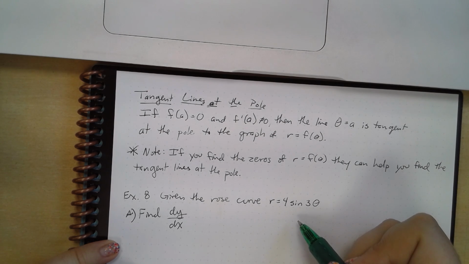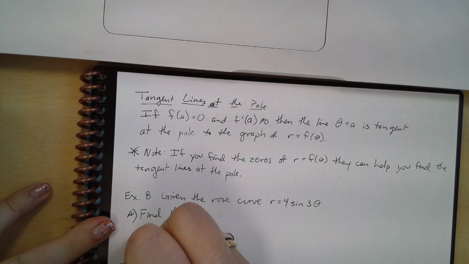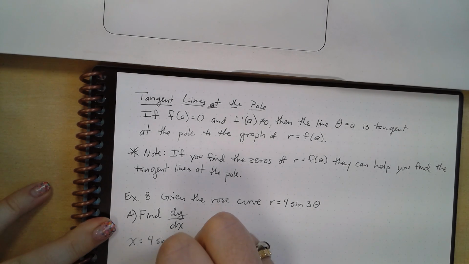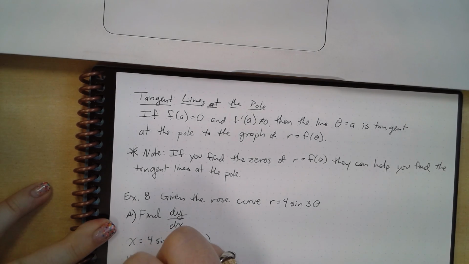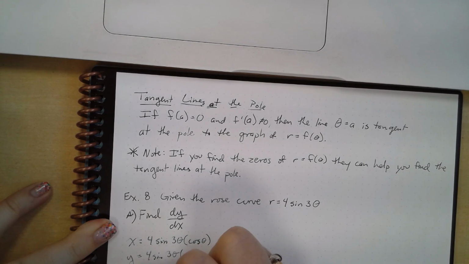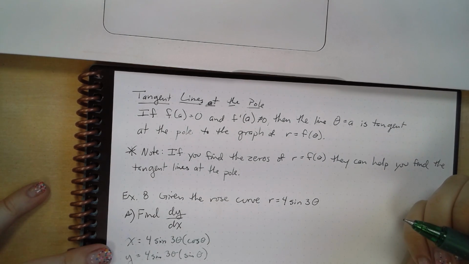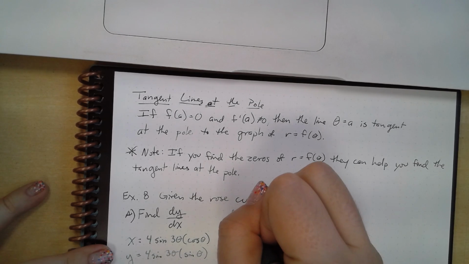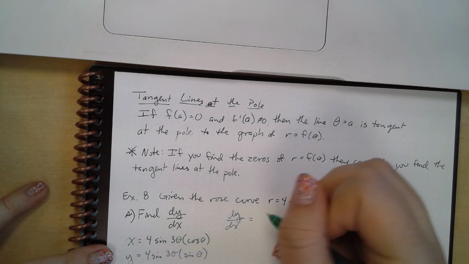Okay, so let's first find dy over dx. Well, x is going to equal 4 sine 3 theta cosine theta, and y is going to equal 4 sine 3 theta sine theta. And I'm not going to go through all of this math, but here's dy over dx. To find this, we would find this derivative and this derivative, and then we would divide them.